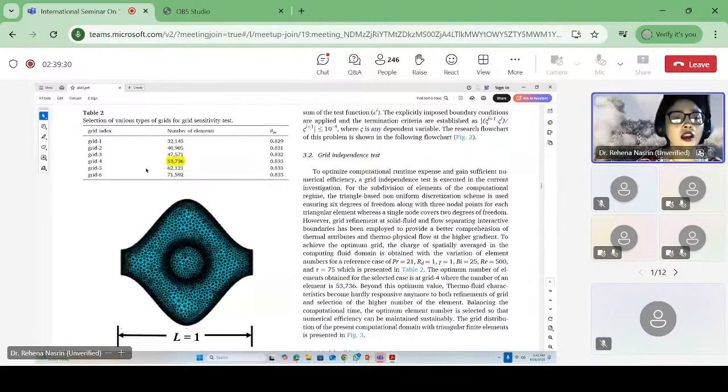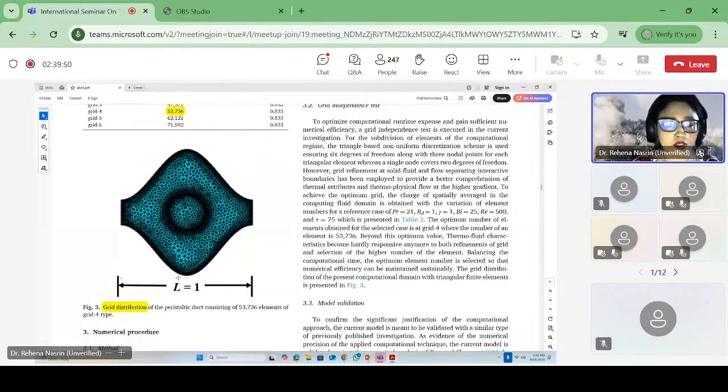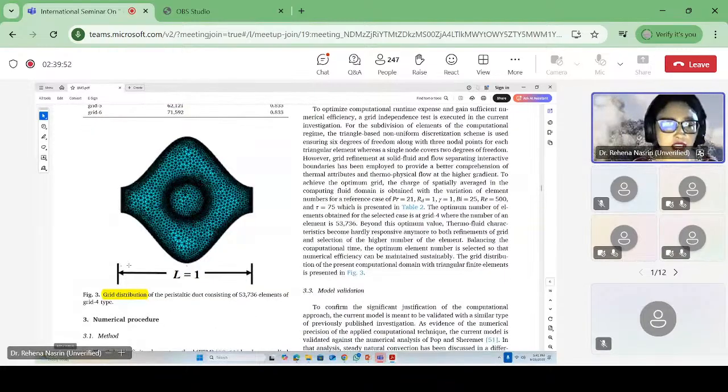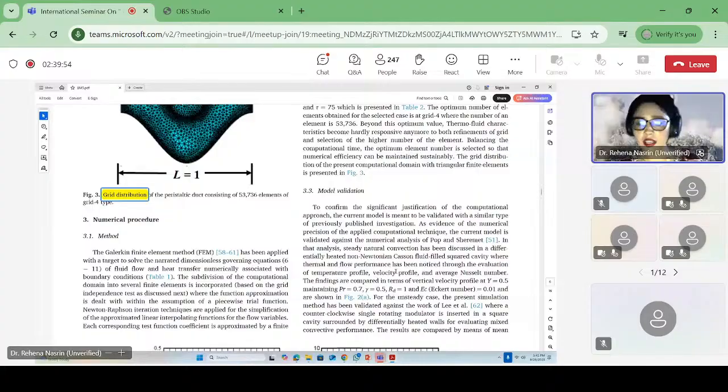And this is the grid test. Here we use 53,736 grids, and a supervising variable. As the supervising variable, we consider the average temperature inside the domain. This is known as the supervising variable. So this is the grid distribution mesh where you can see.